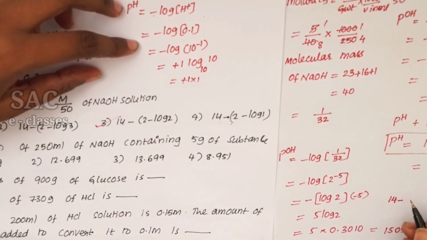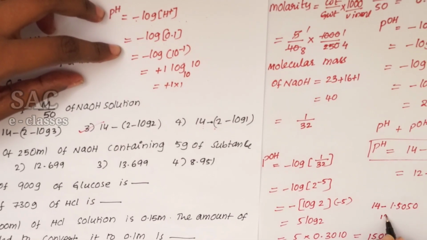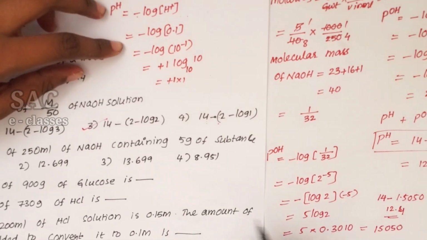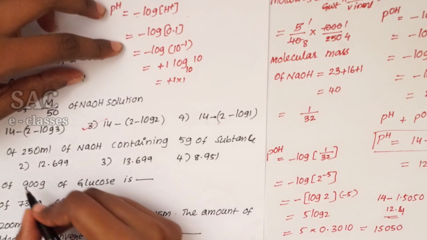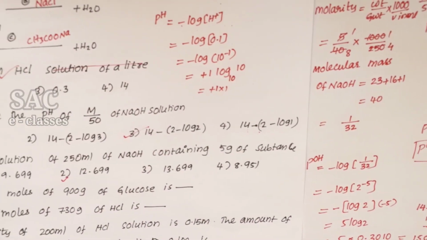Because we want pH, 14 minus 1.505, you will get approximately 12.4. The nearest to 12.4 is 12.699. Then we got the required answer.